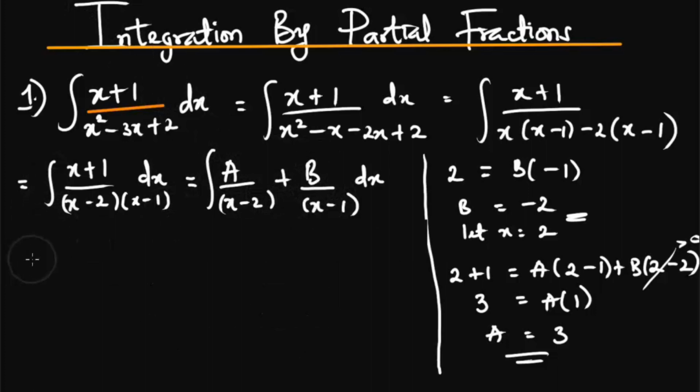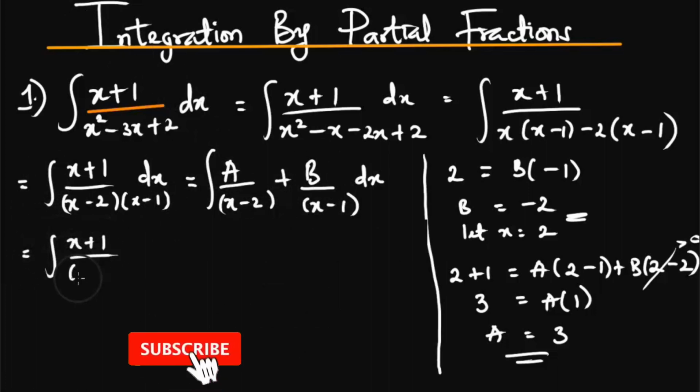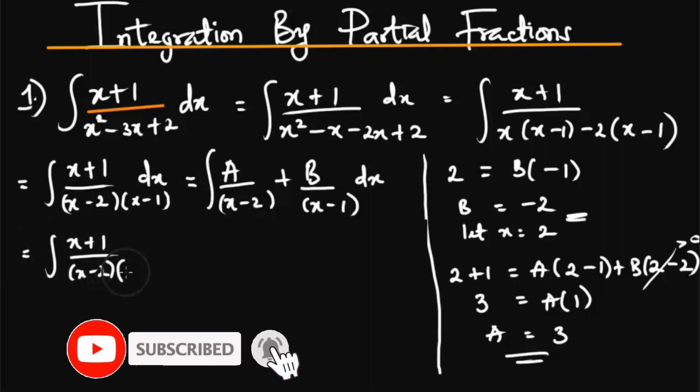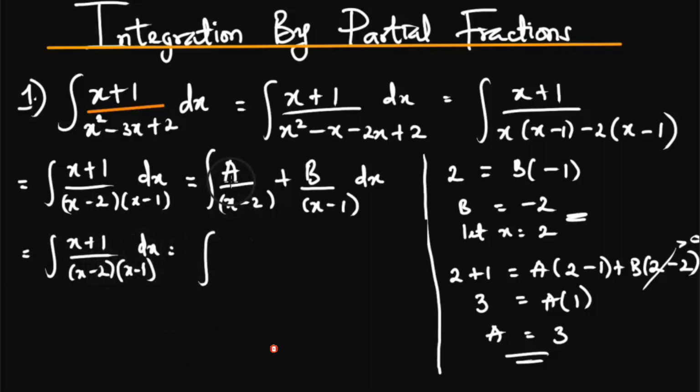So at this point, we have the integral of (x plus 1) over (x minus 2)(x minus 1) dx to be equal to the integral of 3 over x minus 2, now we have minus 2 over x minus 1 dx.